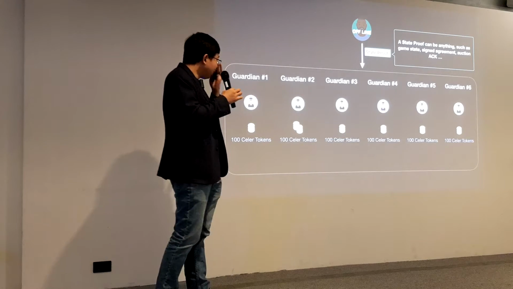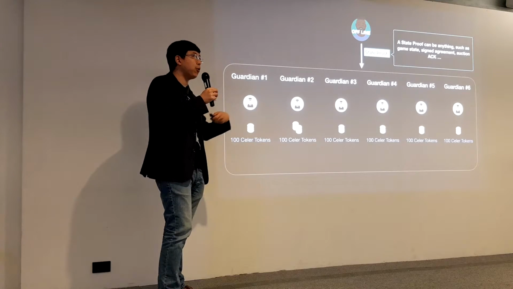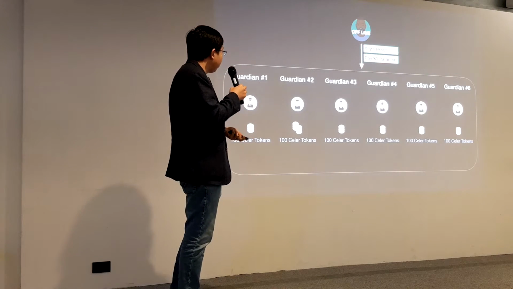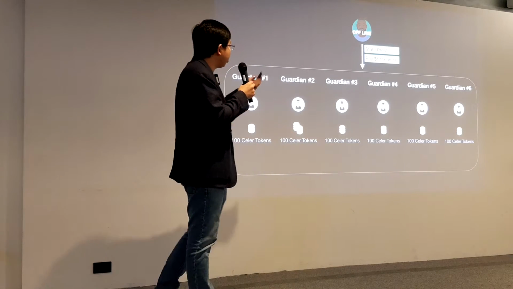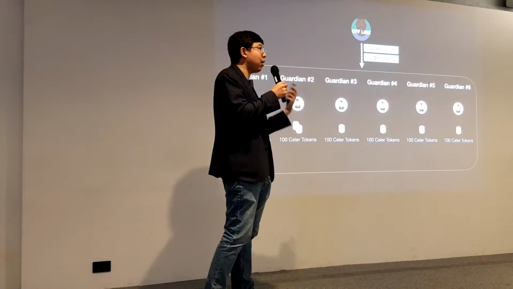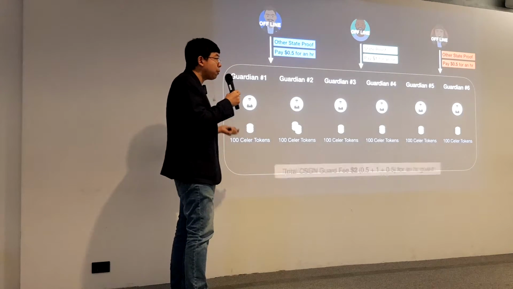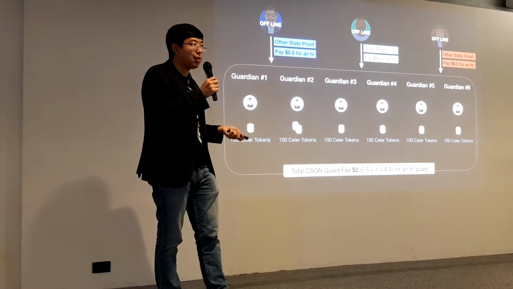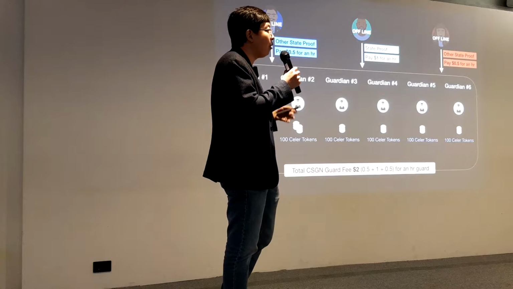Now, the immediate question to ask is how many state guardians will be guarding your state, right? Well, that is determined by the payment. So let's say this user, Bob here, is paying like $1 per hour to this entire network to guard the state. And at the same time, there are other people paying the network as well. Let's say this entire network is receiving $2 per hour as payment income flow.